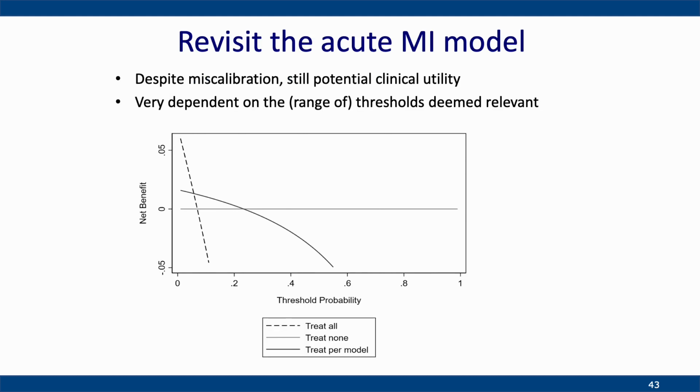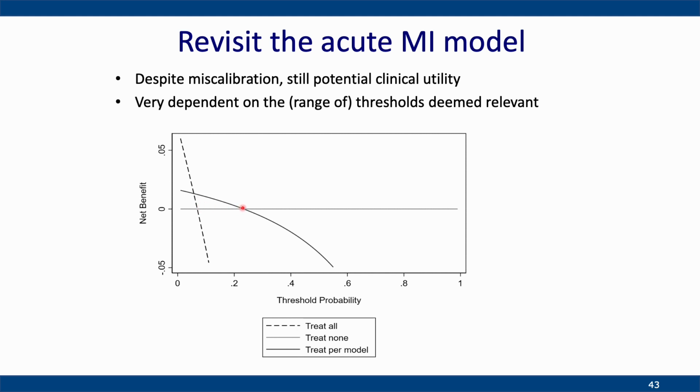Going back to the acute myocardial infarction model, remember we said that there was miscalibration at the higher range, but there is still net benefit. For example, if we look at the range between thresholds of about 0.1 and 0.2, the model, denoted by this solid line, is higher than 0 and higher than the treat all dotted line.